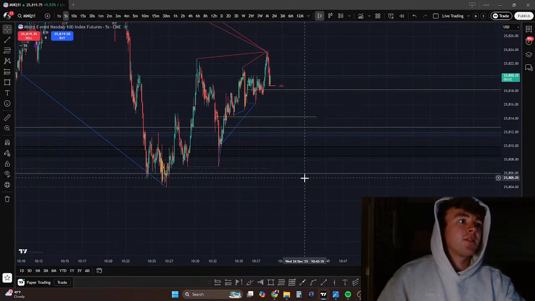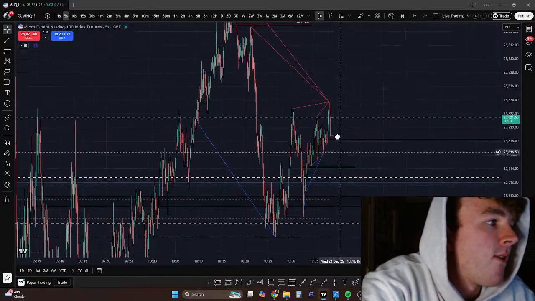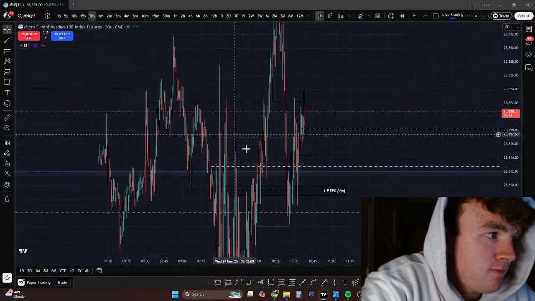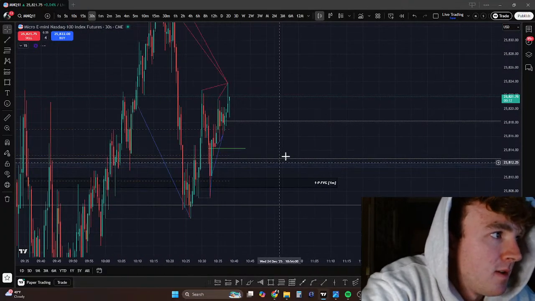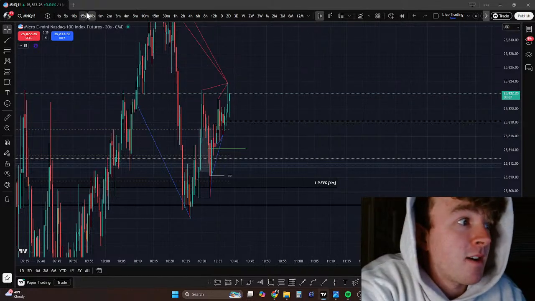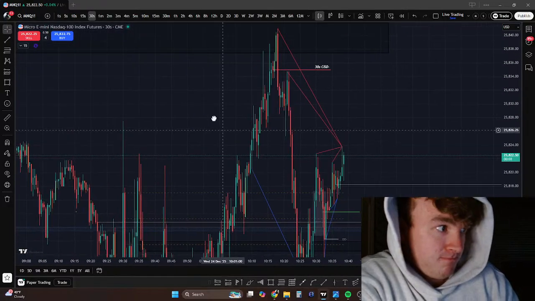Dang. Inversion to the downside with SMTs. Yeah, trading's kind of hard. I'm not even gonna lie, guys. Trading is just really hard.